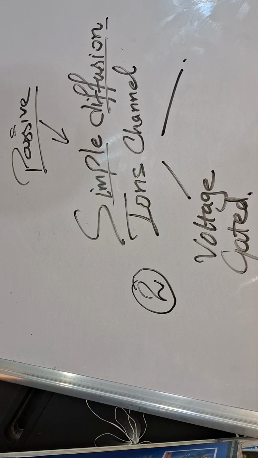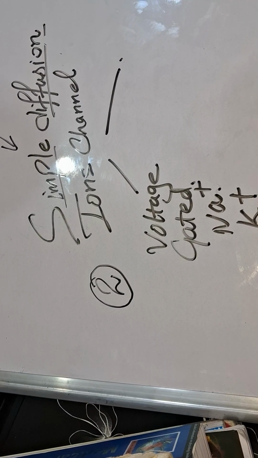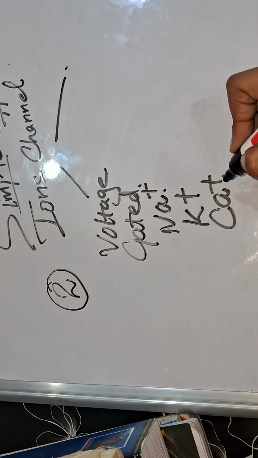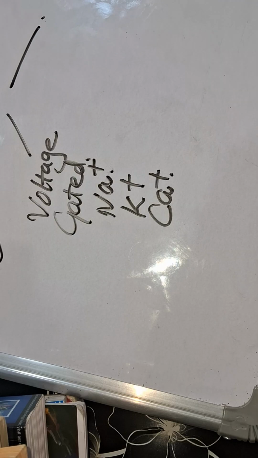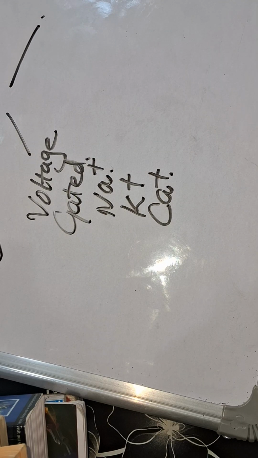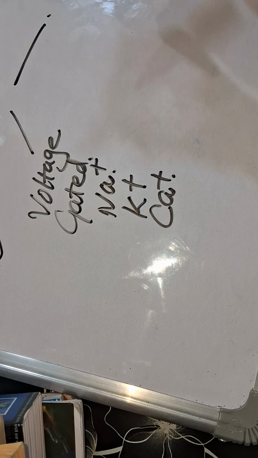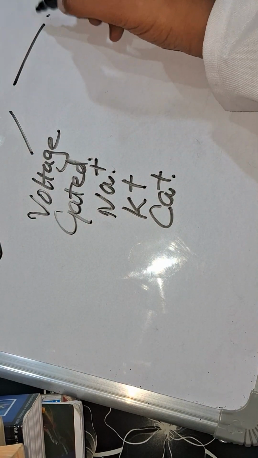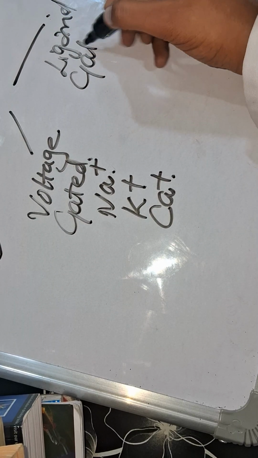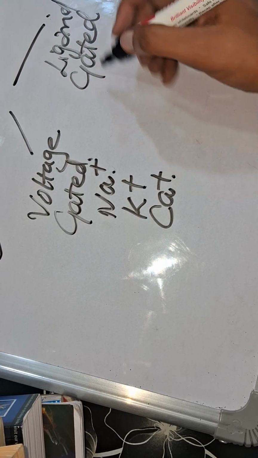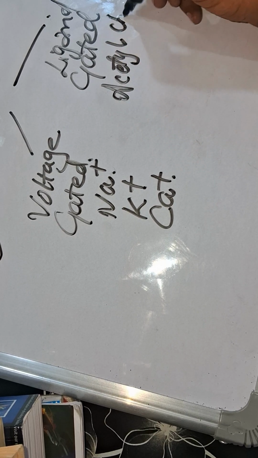Voltage gated. Examples: sodium, potassium and calcium. And on the other side, ligand gated. An example is acetylcholine.